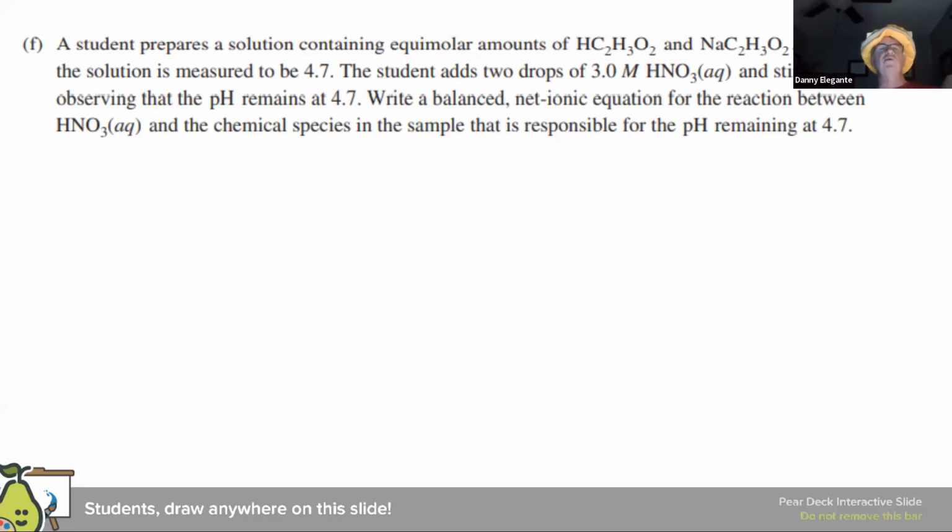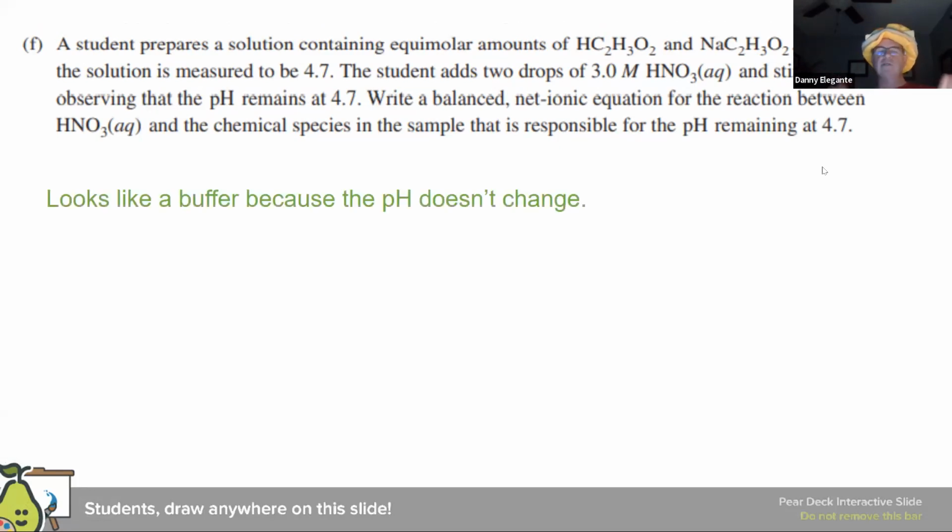All right, so a student prepares a solution with equal amounts of the acid and sodium acetate. The pH of the solution is measured to be 4.7. The student adds 2 drops of HNO3 and stirs it, observing that the pH remains at 4.7.